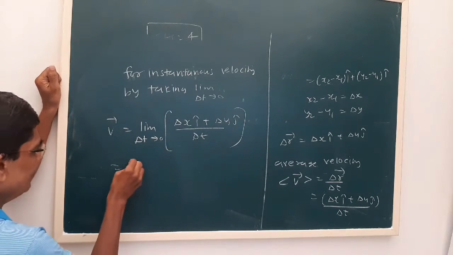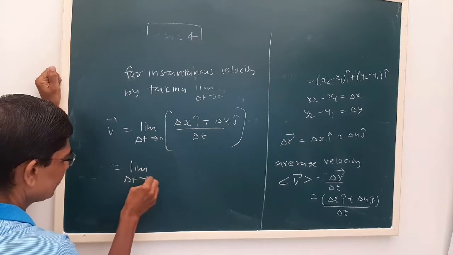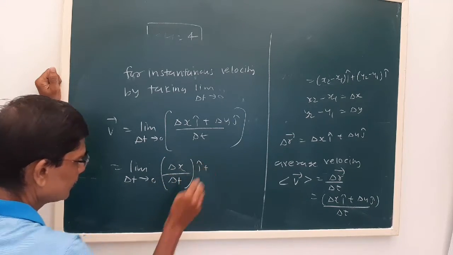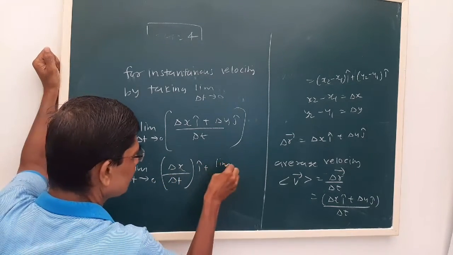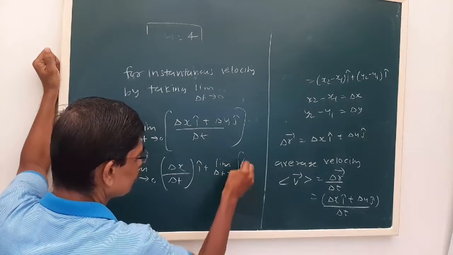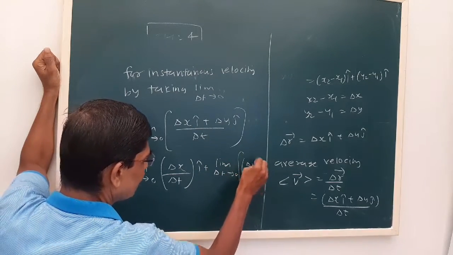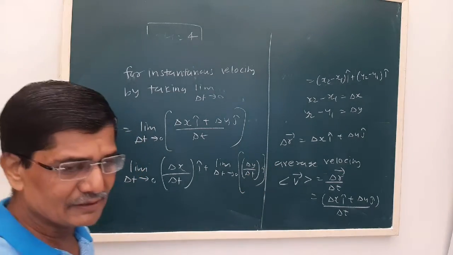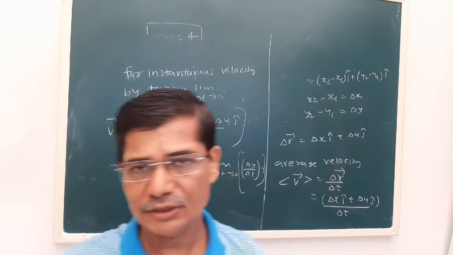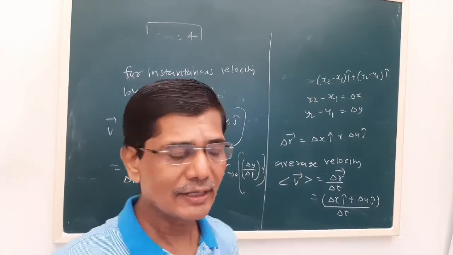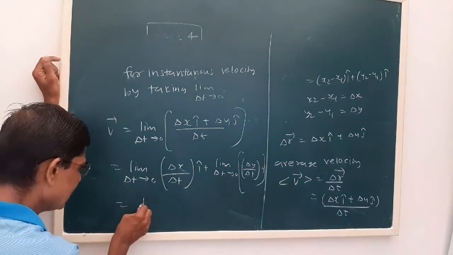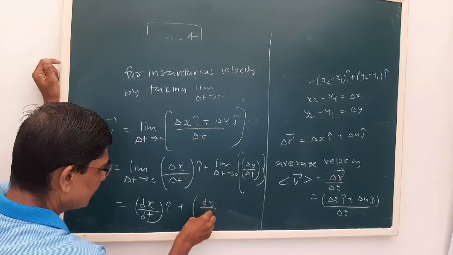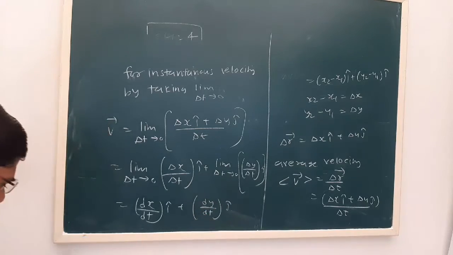Now that we can write as limit delta t tends to 0 of delta x upon delta t i caret, plus limit delta t tends to 0 of delta y upon delta t j caret. Now see, whenever division is there and we take the limit, it turns into a derivative. So we can write dx upon dt i caret plus dy by dt j caret. Okay, now see this.